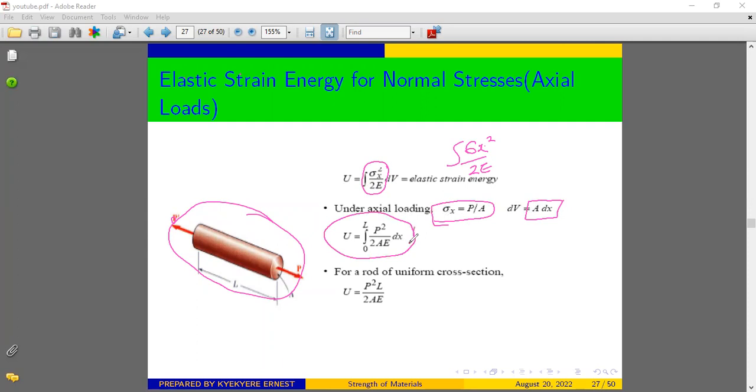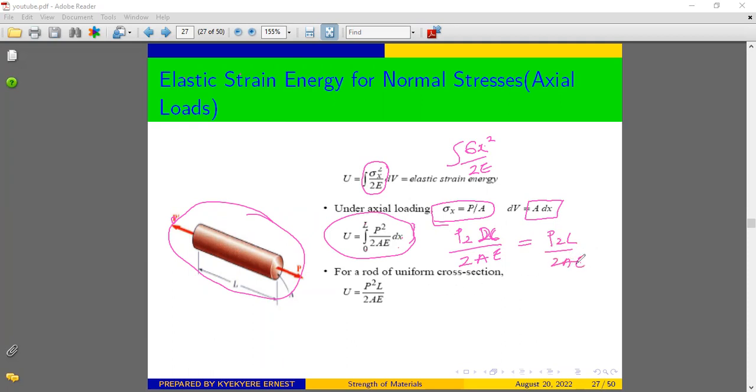And when you integrate this formula with respect to x, then we are going to get P squared L over 2AE. With respect to x, first of all, this is going to be x, and then we are integrating from 0 to L. So you just substitute the value of L here to get P squared L over 2AE.